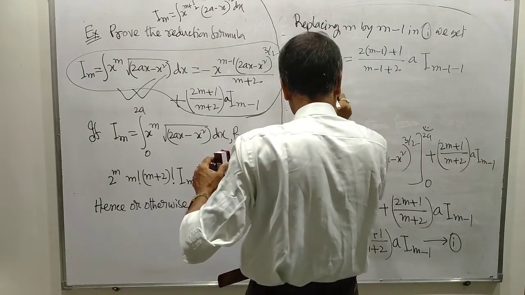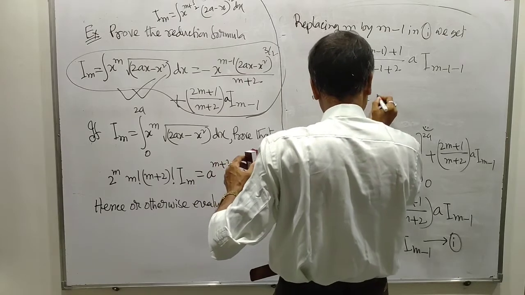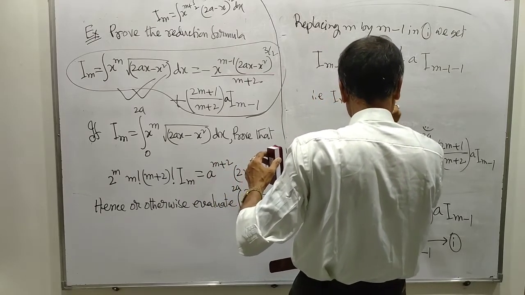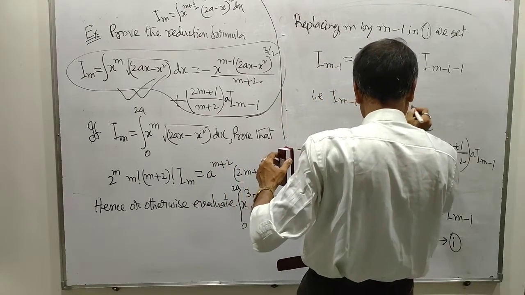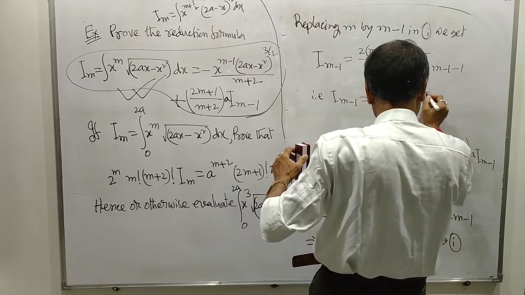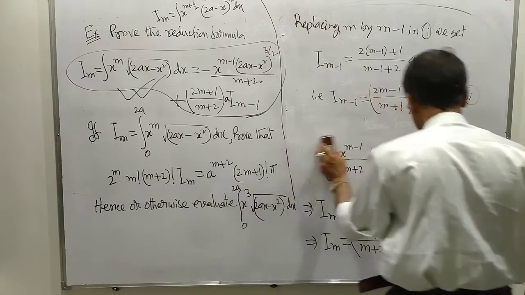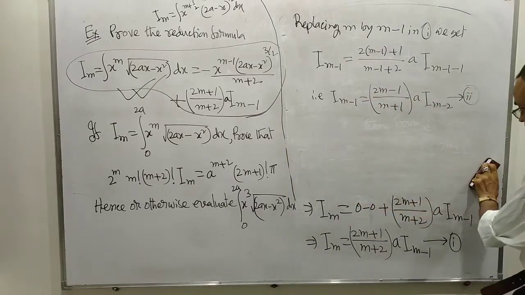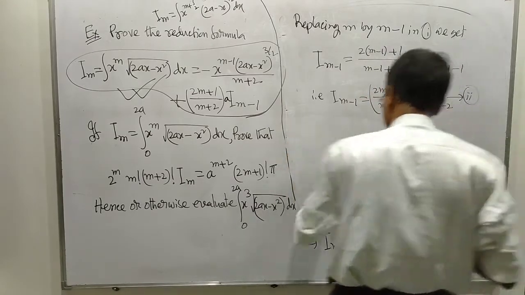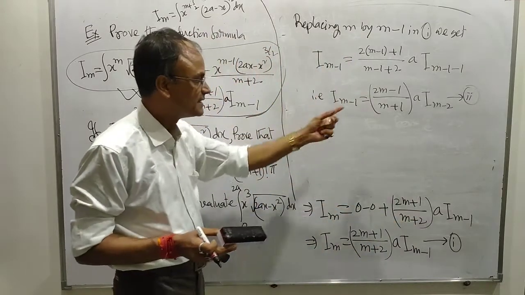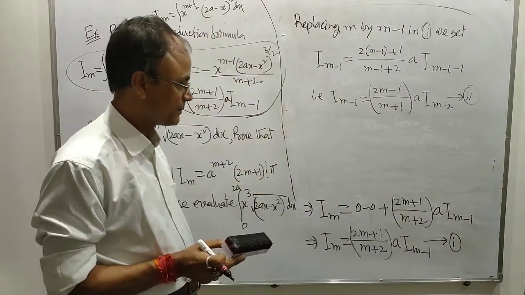That is, I m minus 1 equal to 2m divided by (m plus 1), a I m minus 2. Suppose this is number 2.